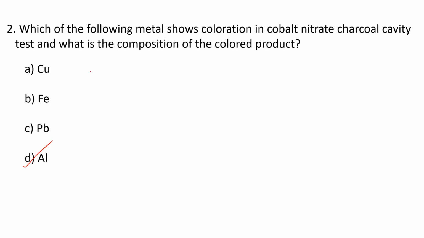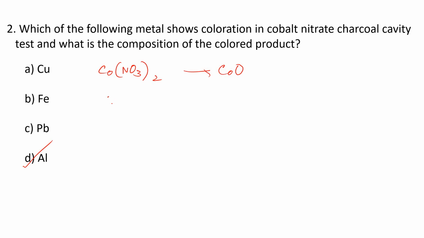When the residue or oxides in this charcoal cavity test is white, then you have to add a little cobalt nitrate. Then what happened? This cobalt nitrate on heating decomposes to cobaltous oxide.